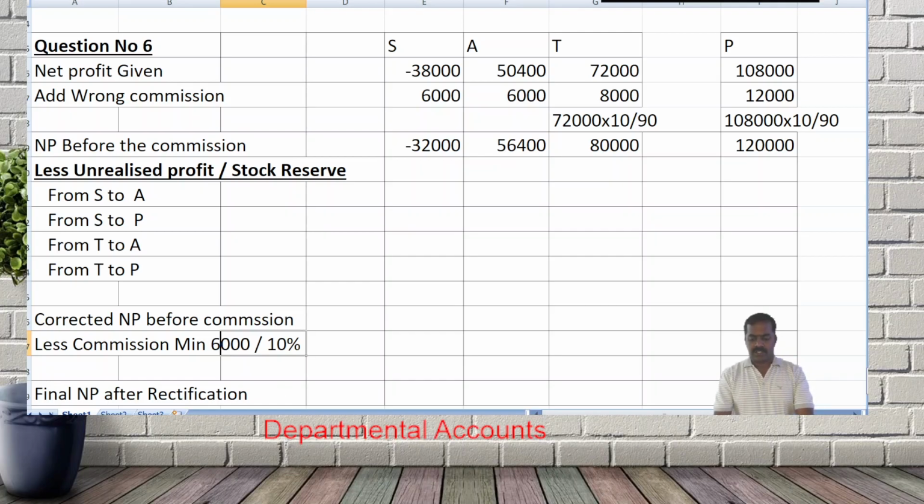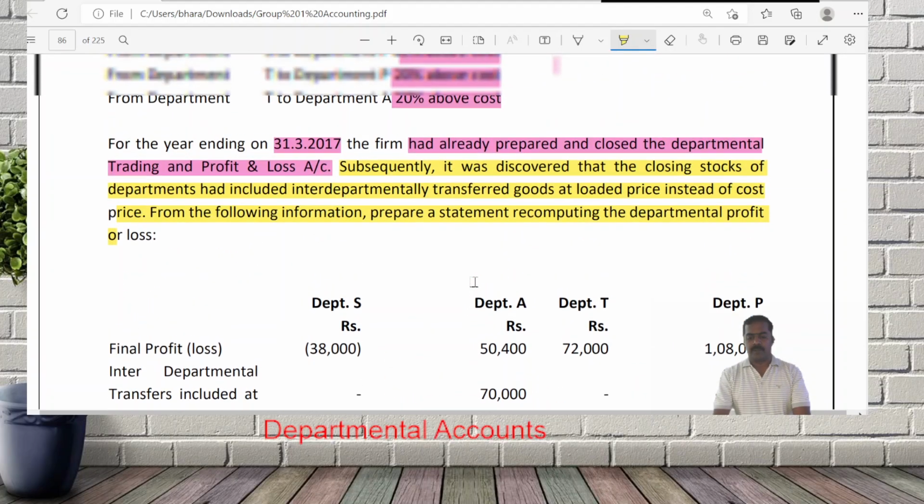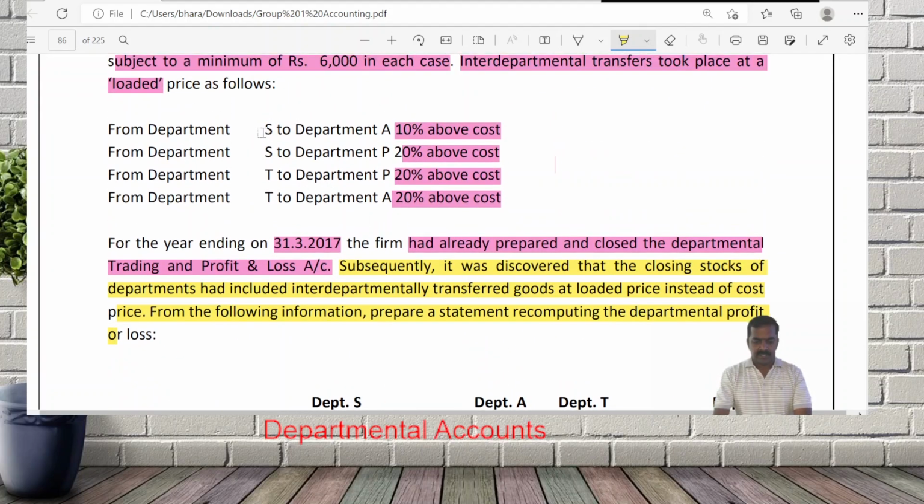S to A, what is the stock transferred? Check the problem. 22,000. Look at the profit margin given. S to A, what percent? 10% above the cost, so 10 by 100 on cost.